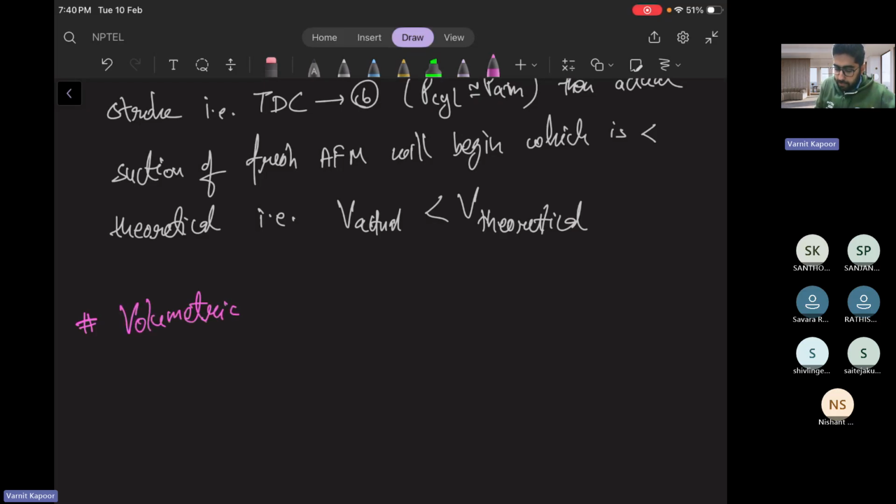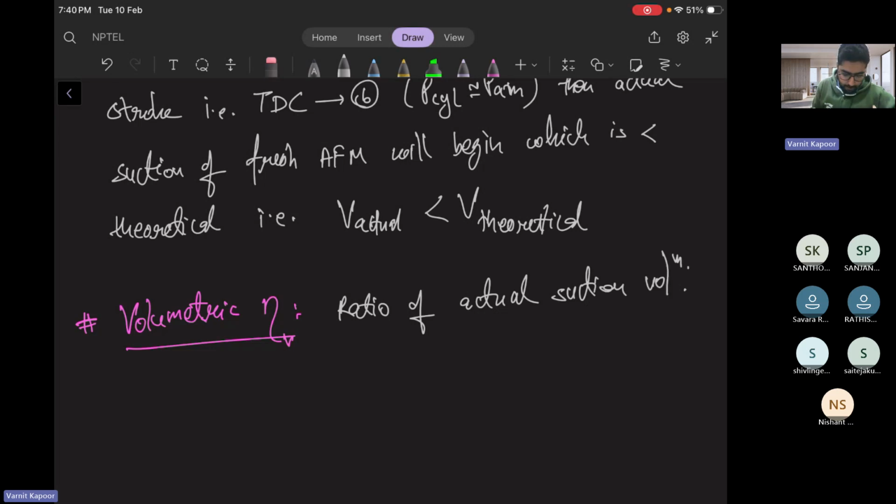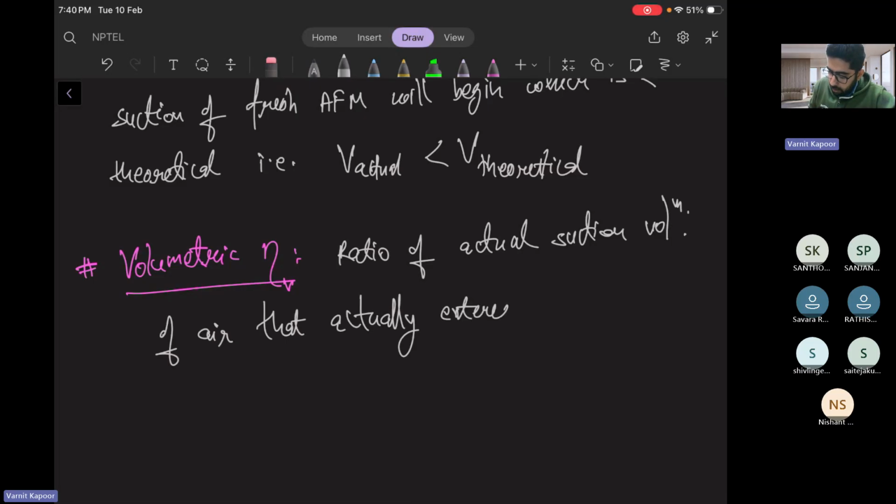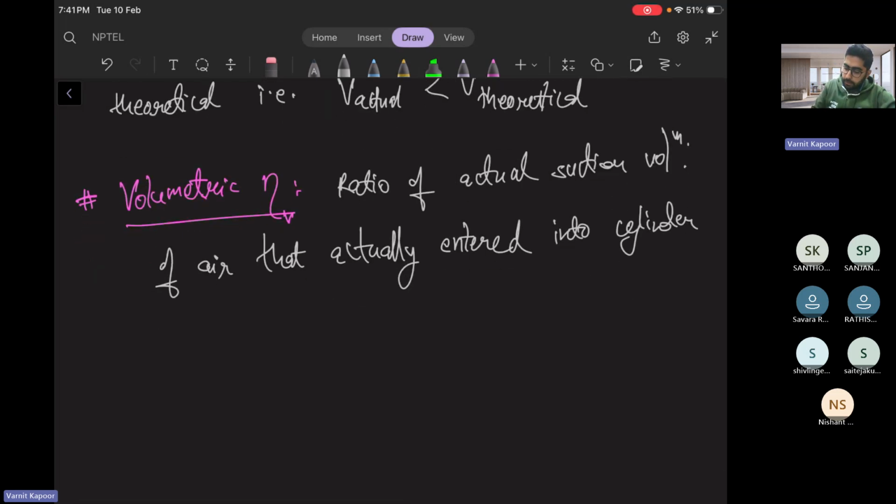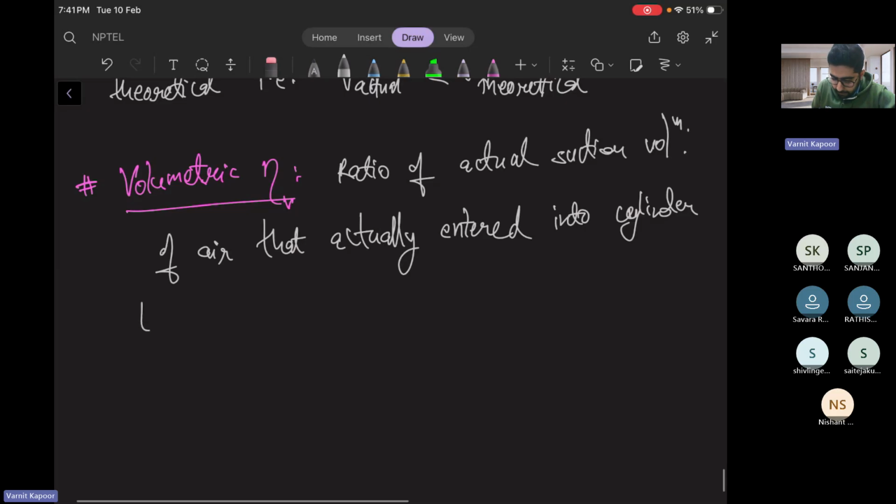Volumetric efficiency, efficiency with subscript v, is basically a ratio of the actual suction volume of air that actually entered into the cylinder to the theoretical suction or swept volume.